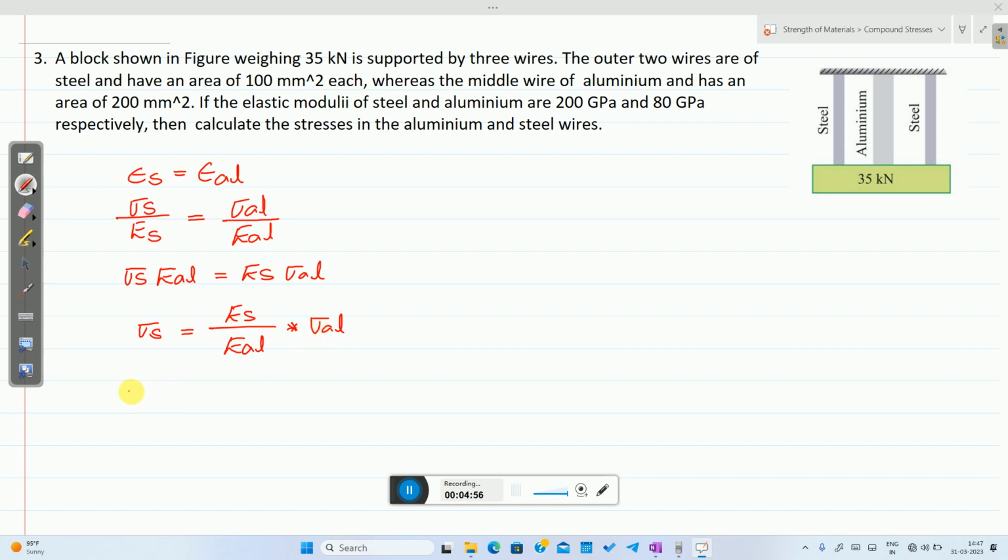Clear? So sigma S equals Young's modulus of steel 200 into 10 raised to 3 divided by Young's modulus of aluminium 80 into 10 raised to 3 multiplied by stress in aluminium. Here 10 raised to 3 and 10 raised to 3 will cancel.